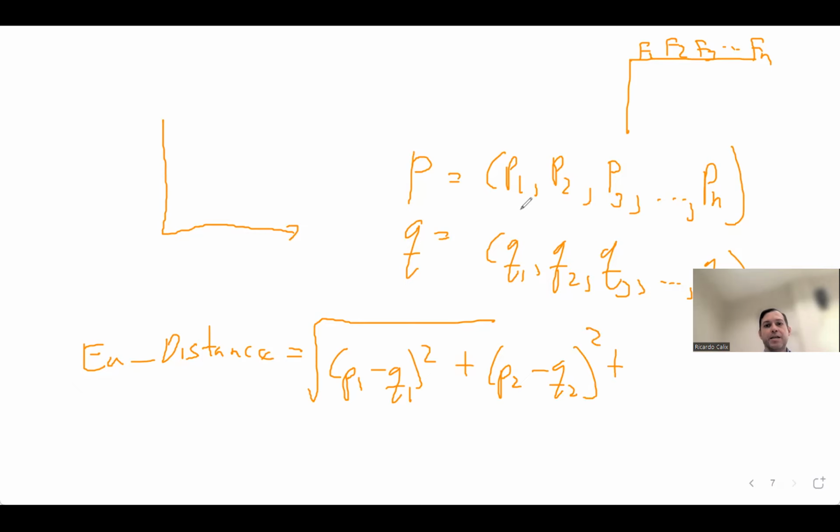But basically you're just taking these: P1 Q1, P2 Q2, Pn Qn squared. Do you see that? So you just repeat this.